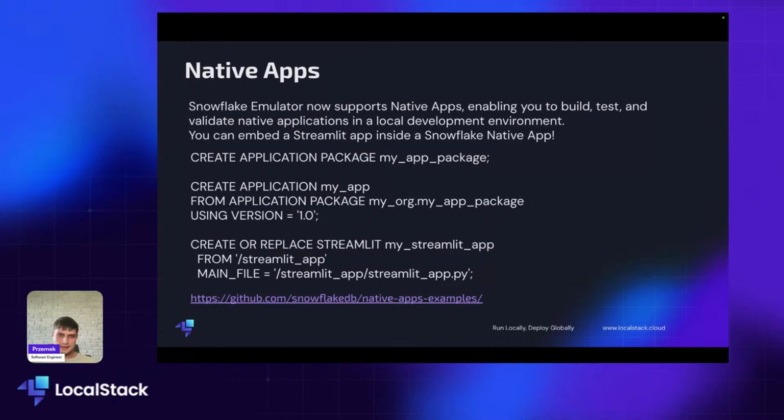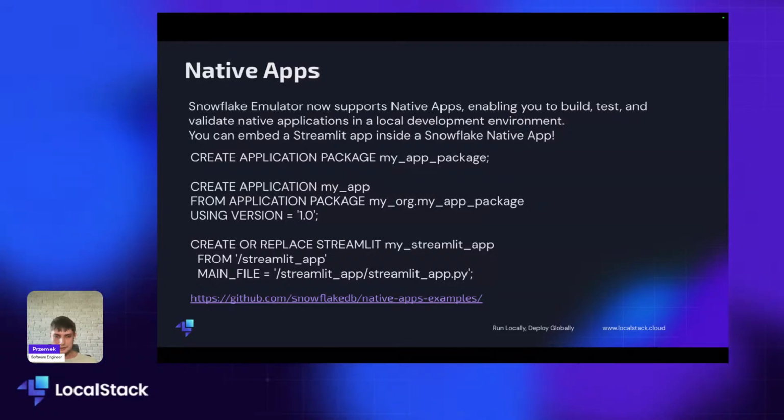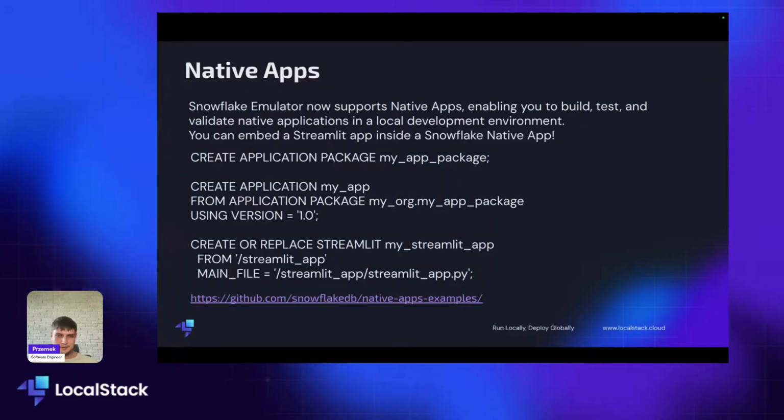Streamlit is Snowflake's framework for building apps. If you want to give it a try, you can go to the native apps example repository, which Snowflake published, choose one of the examples, and give it a try with the emulator. We will also demo one of the native apps later on, and this demo will be presented by Erudit.